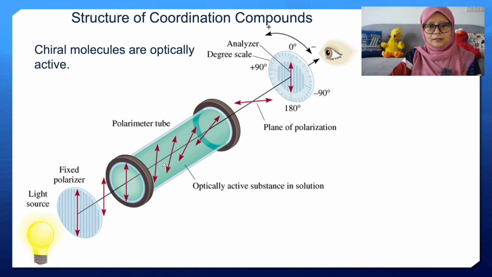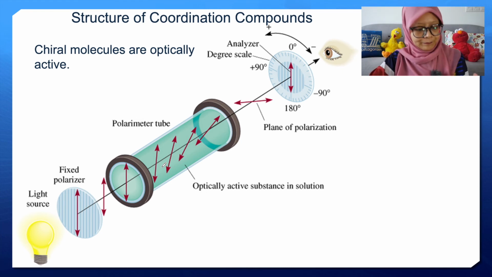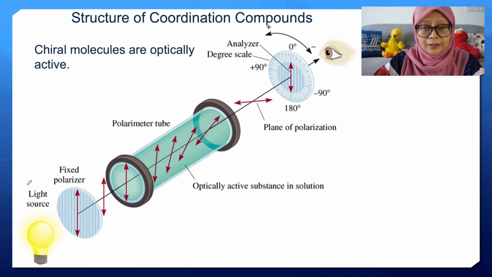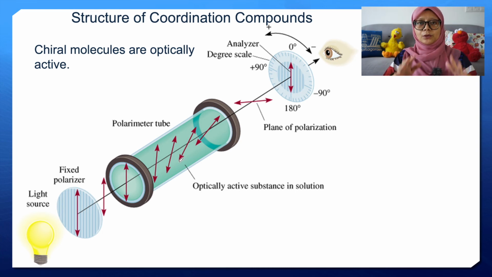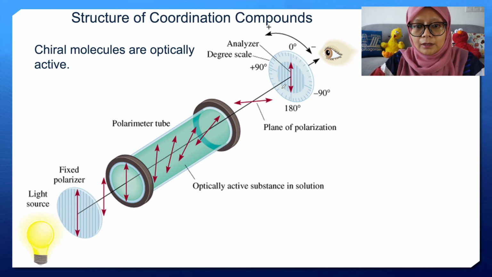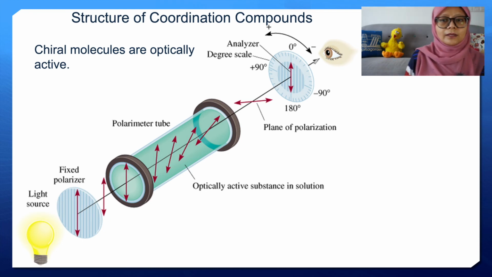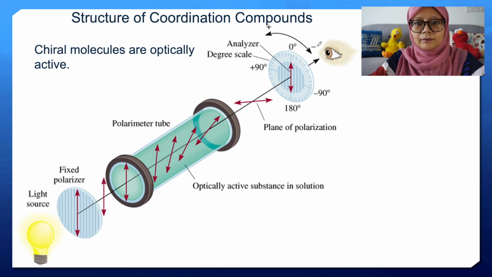In this polarimeter, this is a model of a polarimeter, where you have the light source, and then you have the fixed polarizer, and also the polarimeter tube, where you need to put your sample in a solution, and then after the polarimeter tube, we have the plane of polarization or analyzer, and this is the result that you get, whether it is positive or negative.